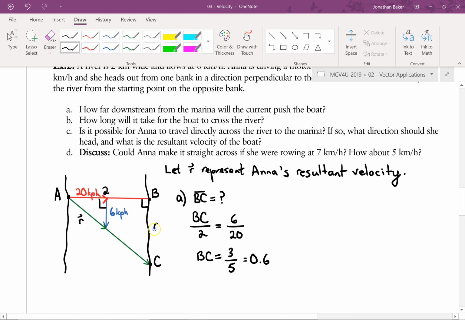So this distance from B to C is 0.6 kilometers. We can say, therefore, Anna will end up 600 meters downstream.